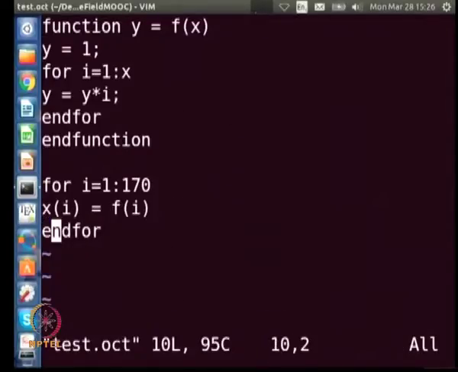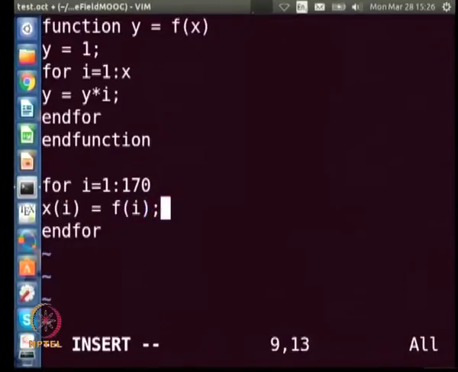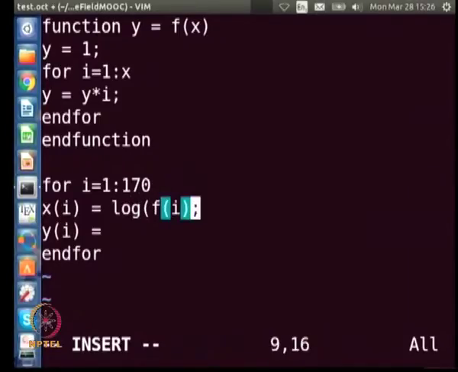Now I am going to write y of i. I have to take x of i as the logarithm of the factorial and y of i as i into logarithm of i minus i. I think that was a mistake I made earlier.